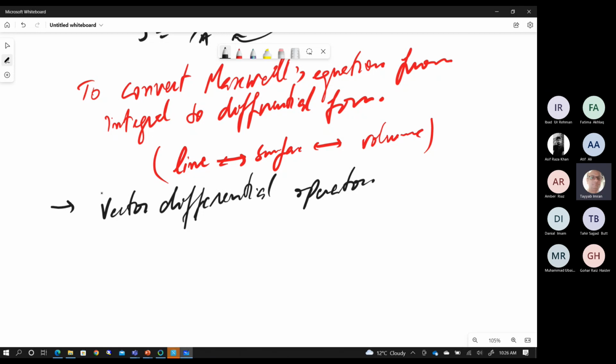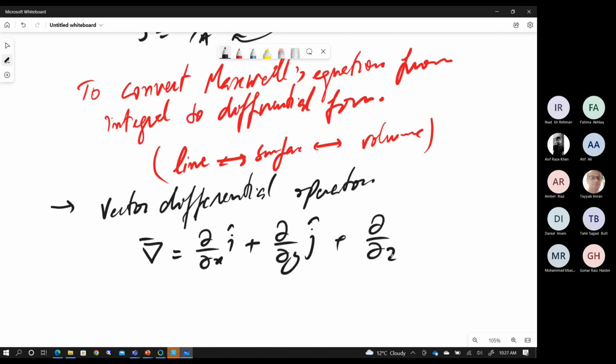So the vector differential operator, we know this already. It has x, y, and z. There is no time here. So that is the rate of change of direction.